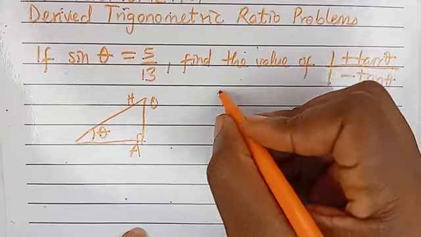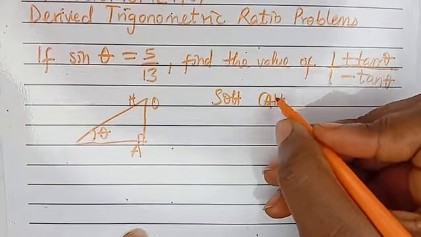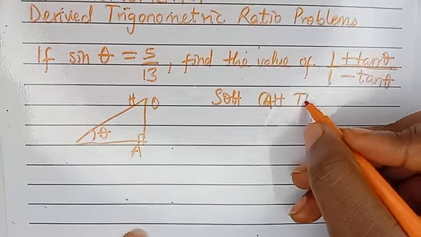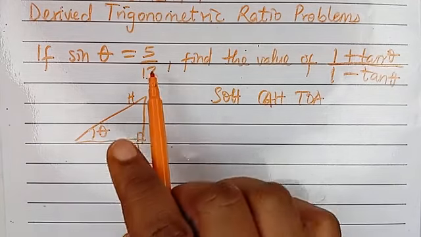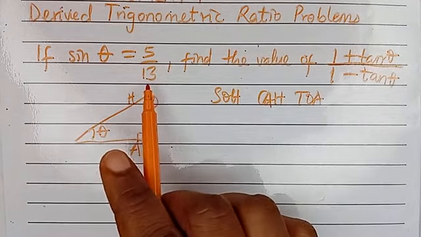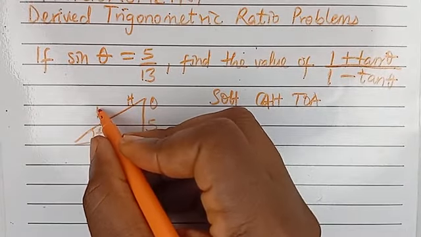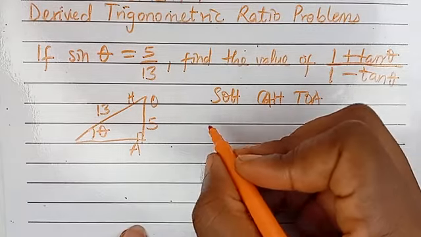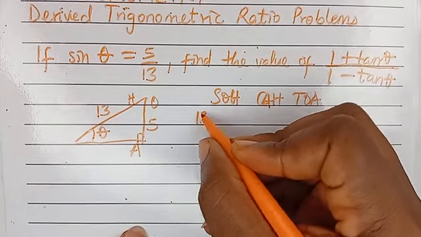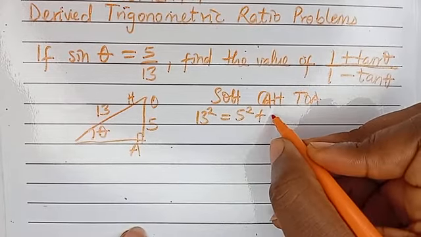Now we also write out, given that sine theta is equal to 5 over 13, which is opposite over hypotenuse, the opposite is 5 and the hypotenuse is 13. Now we look for the adjacent side using the Pythagoras theorem, which says that the hypotenuse squared is equal to the other side squared plus the other side squared.